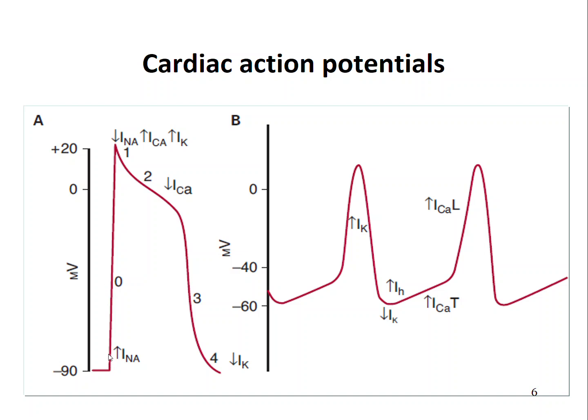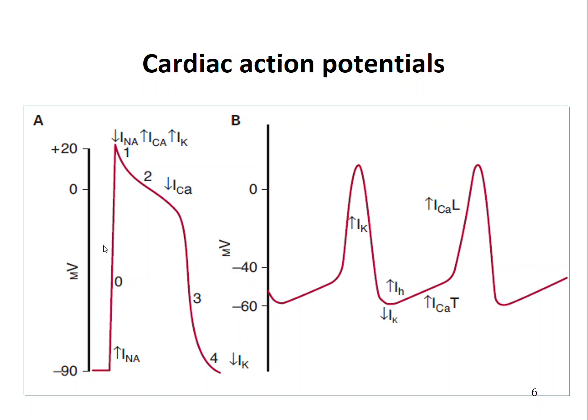Then we have very fast depolarization. As you know, voltage-gated sodium channels are very fast. They will be activated fast, and then inactivated, and it needs the membrane potential to go all the way back to resting in order to bring these channels back to the resting state, and then we can use them again.